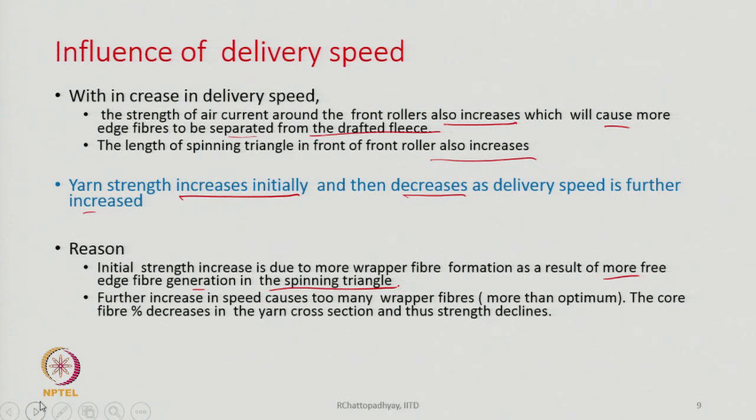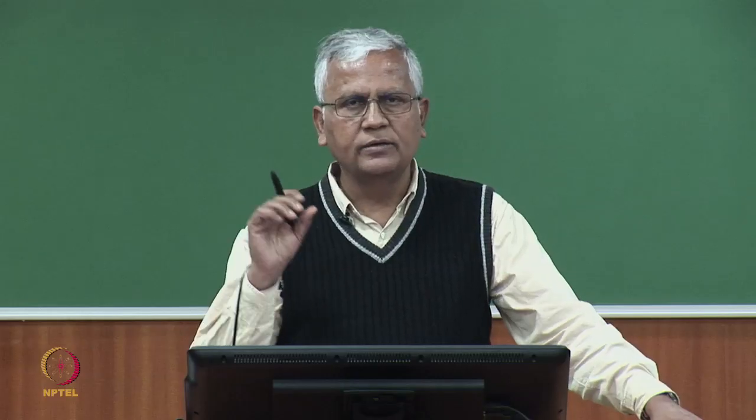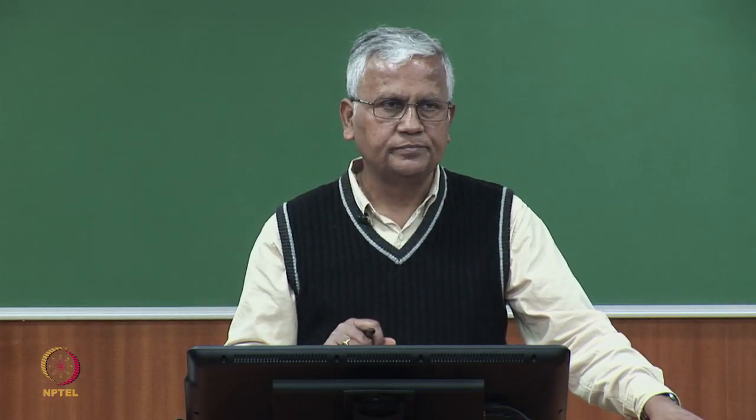So, the wrapper fibers increase, and strength is going to increase initially, but this will not continue forever, because a time will come when more and more fibers become wrappers, and at the same time you have to remember less and less fibers will become core, because ultimately the total number of fibers in the cross section is the same when you are spinning a particular count. So, if the wrapper fiber percentage increases, the core fiber percentage decreases also, and it is the core fiber percentage which actually determines the strength of the yarn.